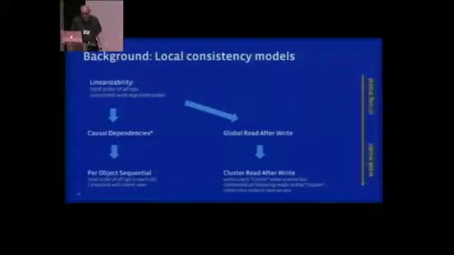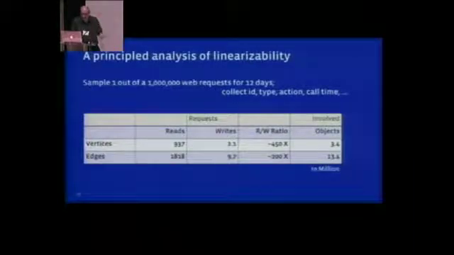Now what we can do is take a trace from the real system. We did this 2 years ago for 12 days, and we collected 2 billion requests, at a sampling rate of 1 out of 1 million requests, because we have so many. We tried to figure out what vertices and edges are read and written.